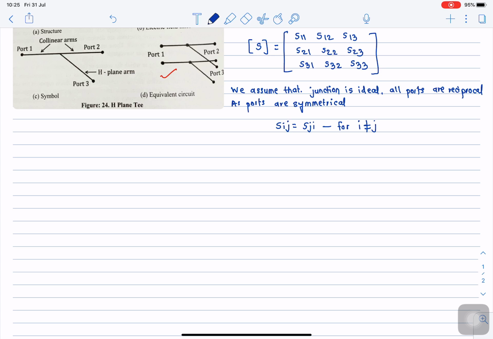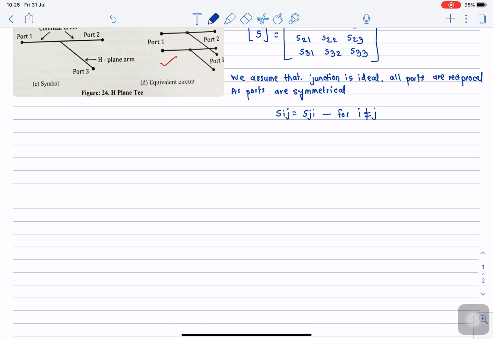Okay, and in addition, port number 3 is also perfectly matched. So as port number 3 is perfectly matched, the reflection coefficient will be 0.